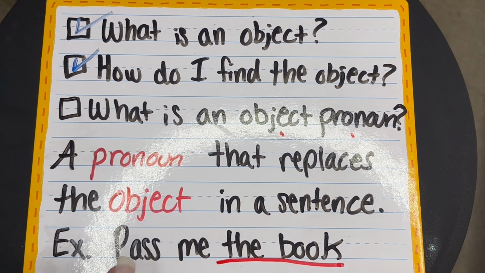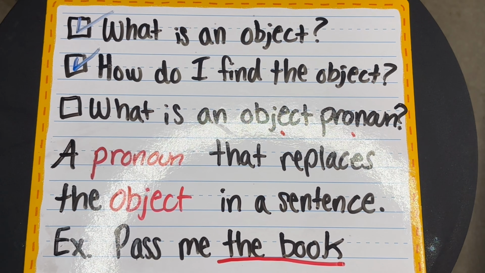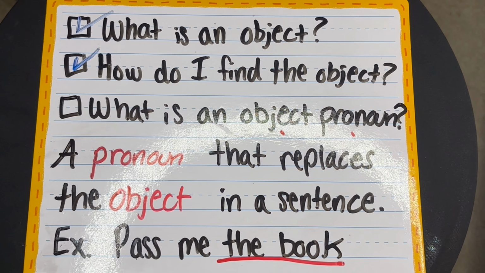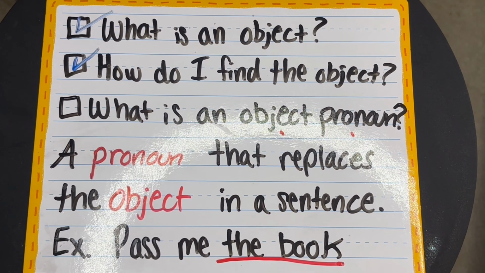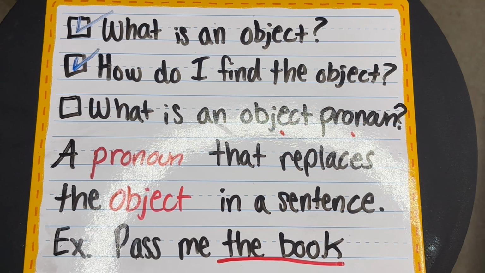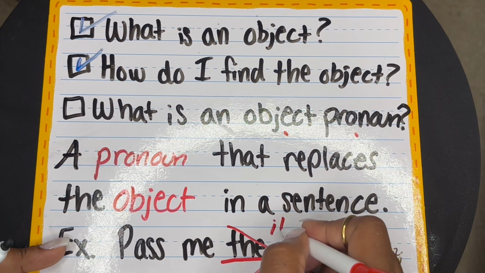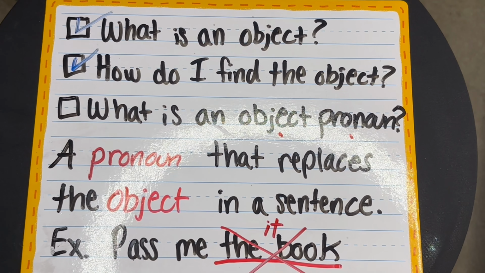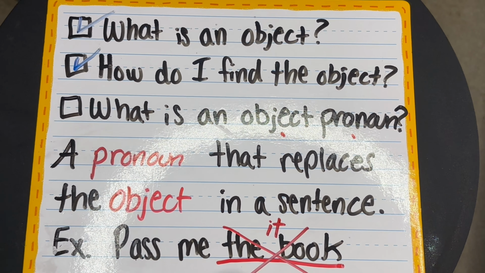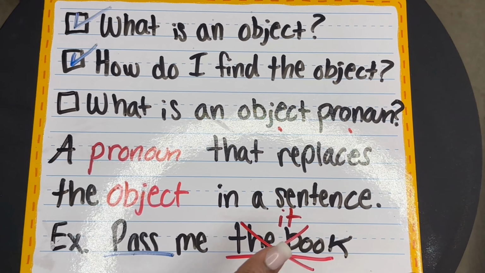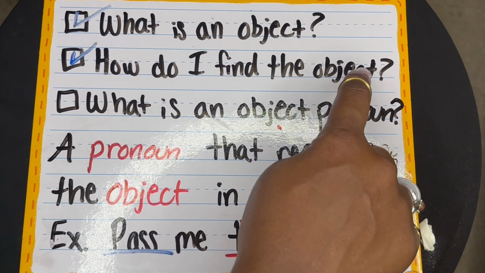But we're looking for a pronoun that replaces book. So if someone says pass me the book, you say, okay, I can pass it to you. It is going to be the pronoun that replaces book. It. So pass me the book. Pass it to me. It refers to the book, which was our original object.